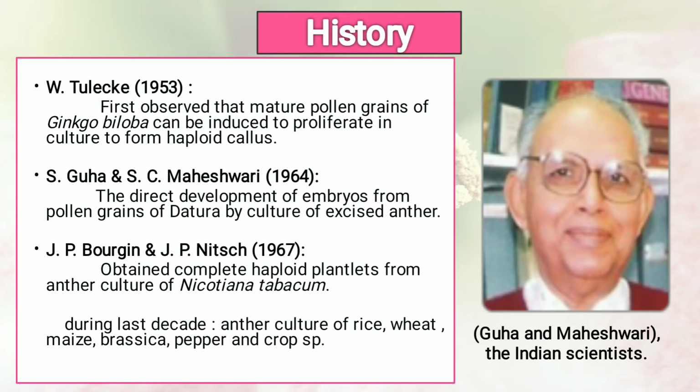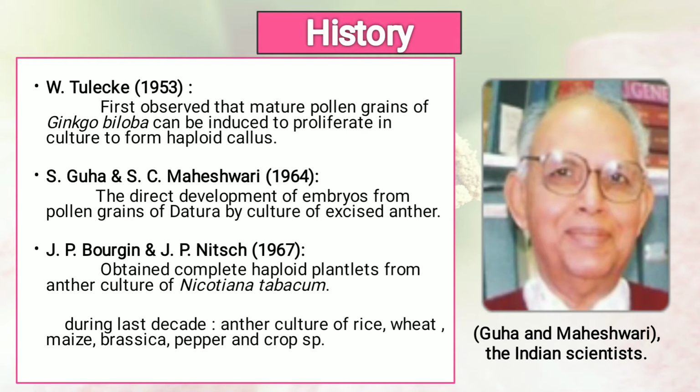Guha and Maheshwari, in the year 1964, showed the direct development of embryos from the pollen grain of Datura by culture of excised anthers. Guha and Maheshwari were the first Indian scientists to develop haploids in Datura.